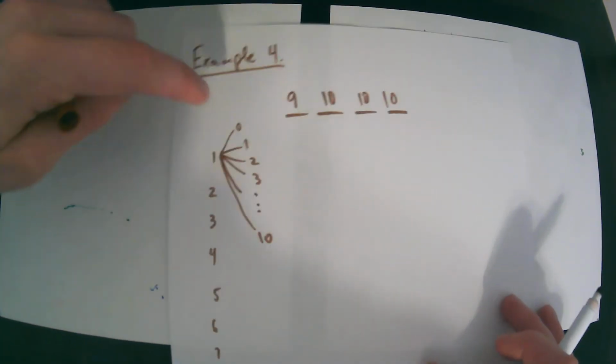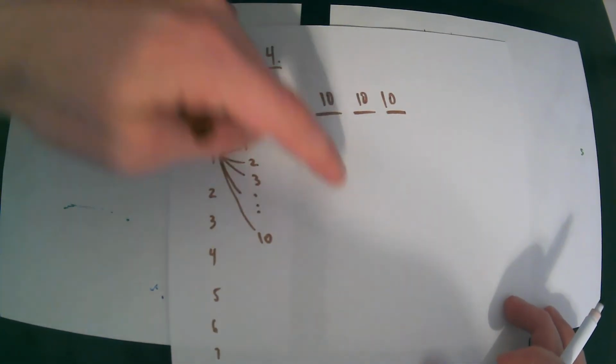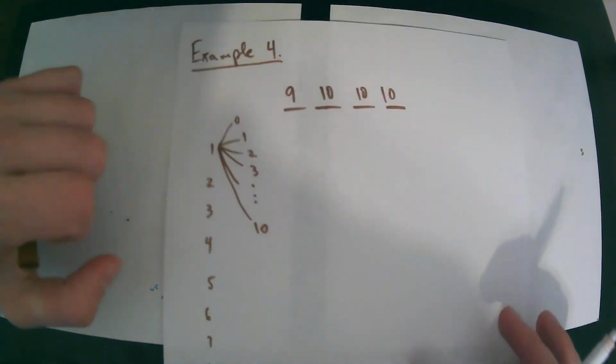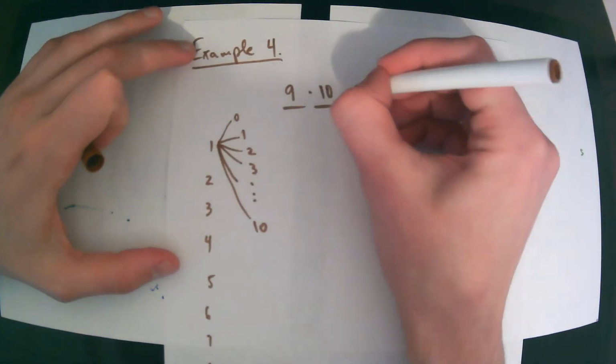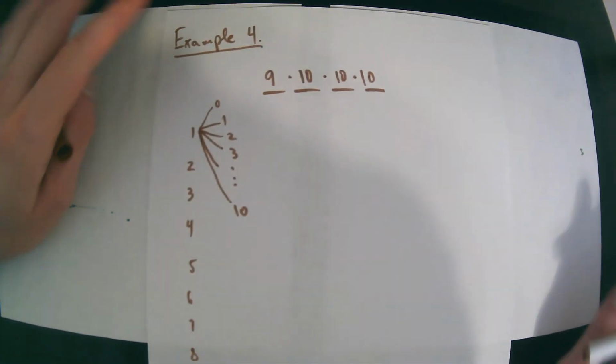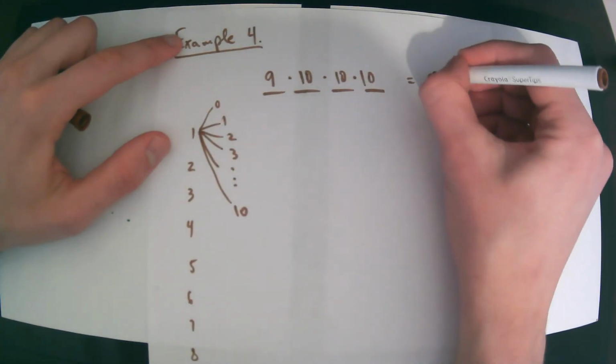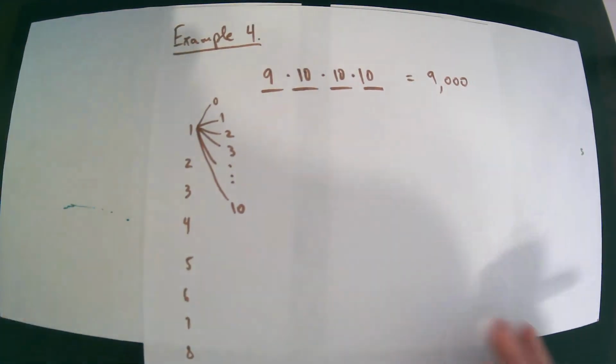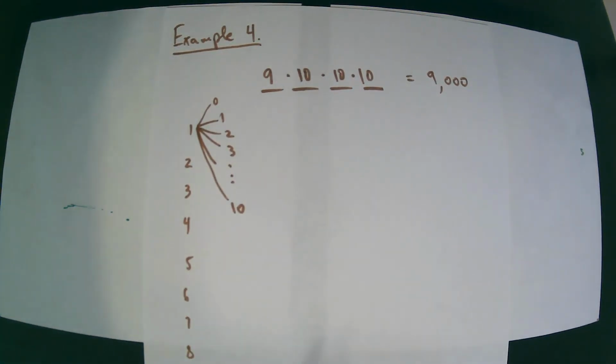And then off of each of these, I'm having 10 more, and off of each of those, 10 more. So making a tree diagram in this case would still be way too big, because there would be 9,000 options.